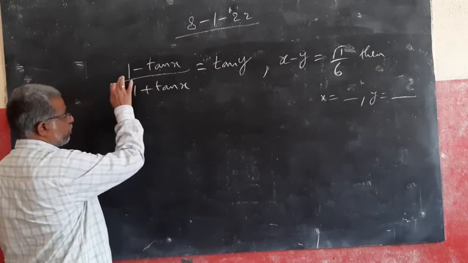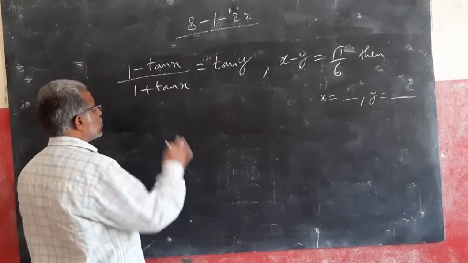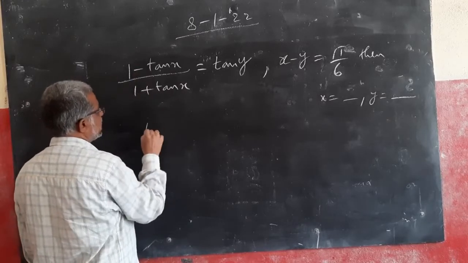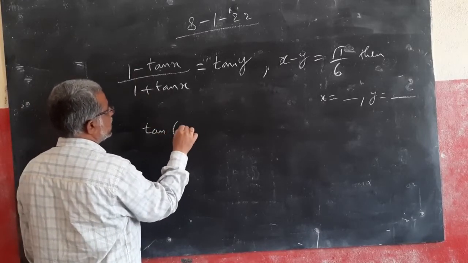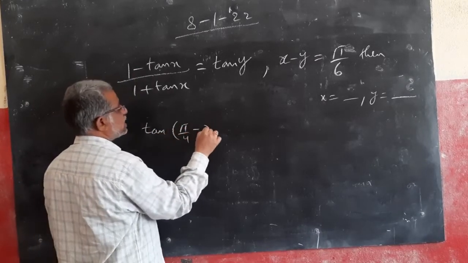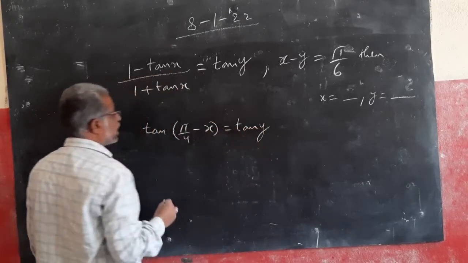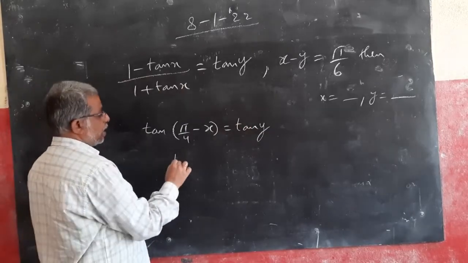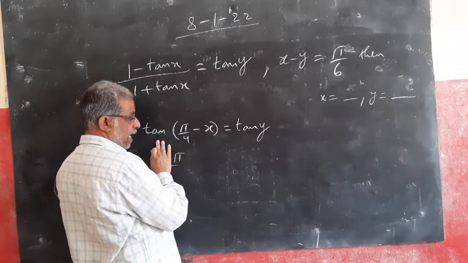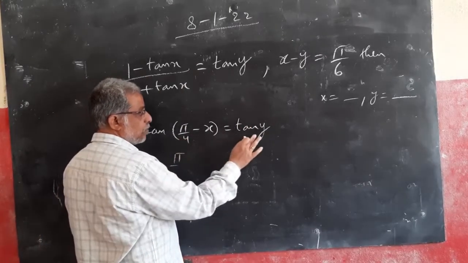So this is tan 45, I can write, so (tan a minus tan b) by (1 plus tan a tan b) means tan of (a minus b), means tan of (pi by 4 minus x) equal to tan y, I have.